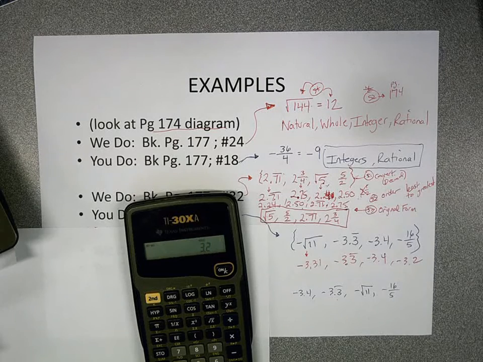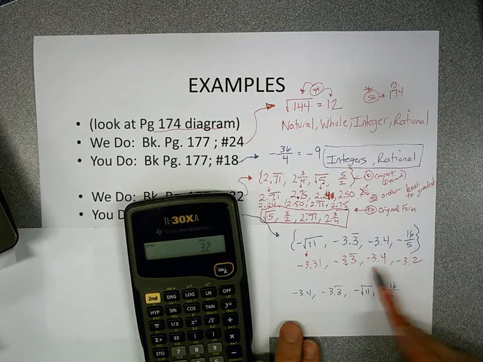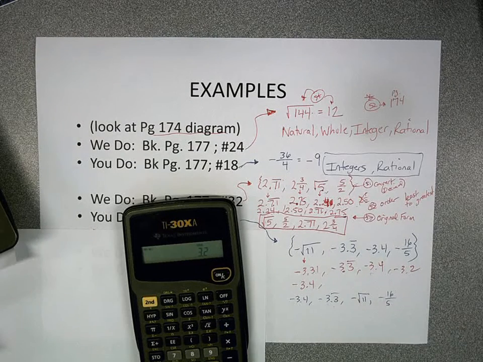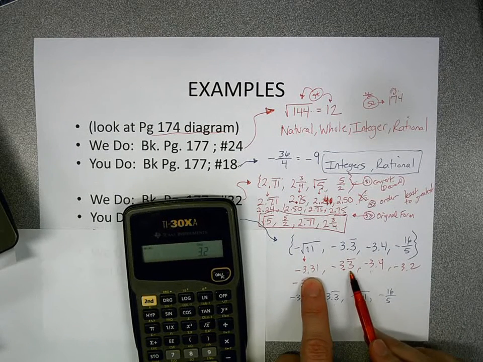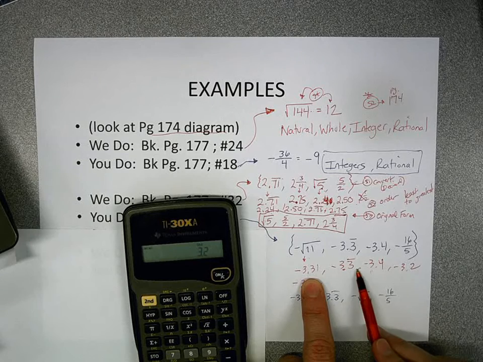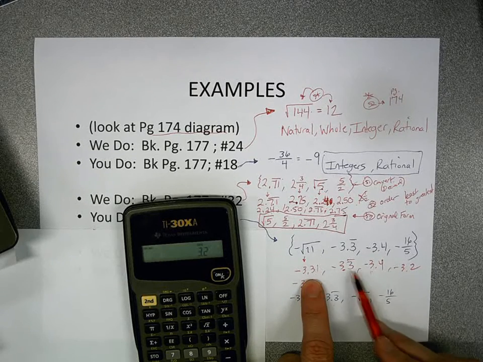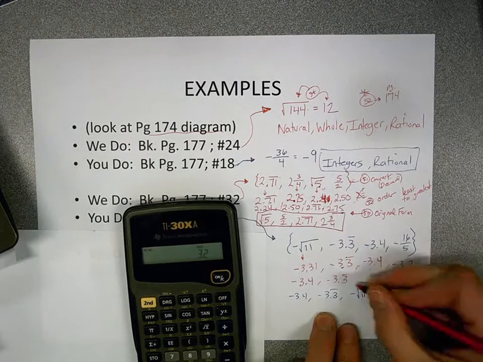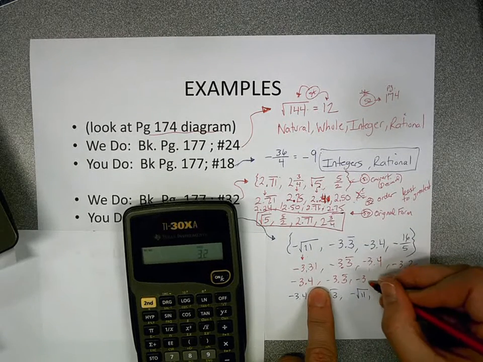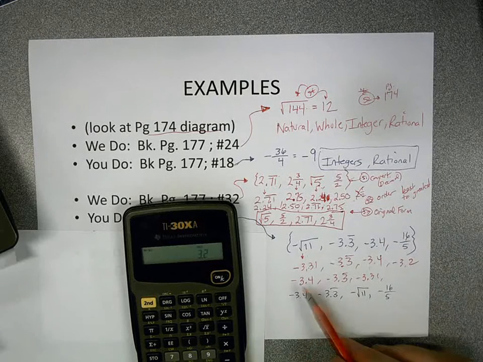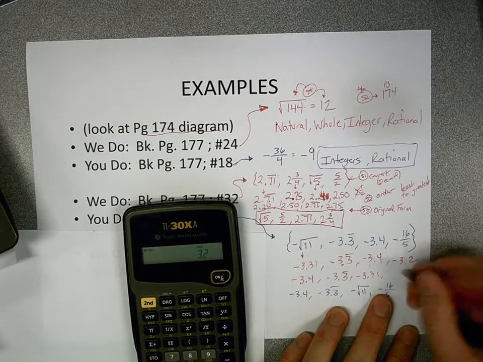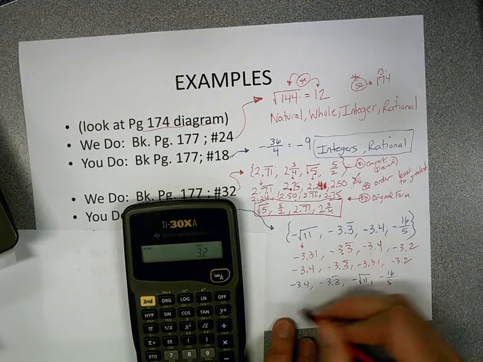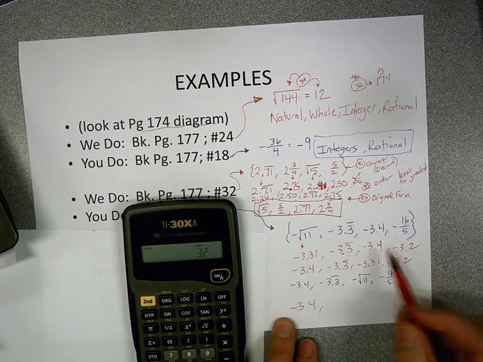So the one that looks the largest out of all these would be negative 3.4. If I compared the next two, this is negative 3.3 rather than negative 3.1, so this would look larger than that, which means it's actually smallest. Then comes negative 3.31, and then, of course, negative 3.2. And if I was to convert these, negative 3.4 is up there. This one is actually that as well.